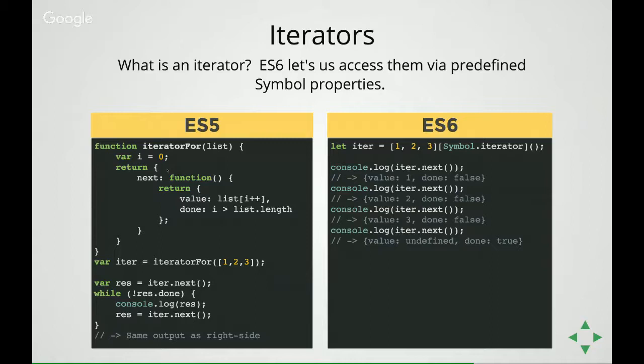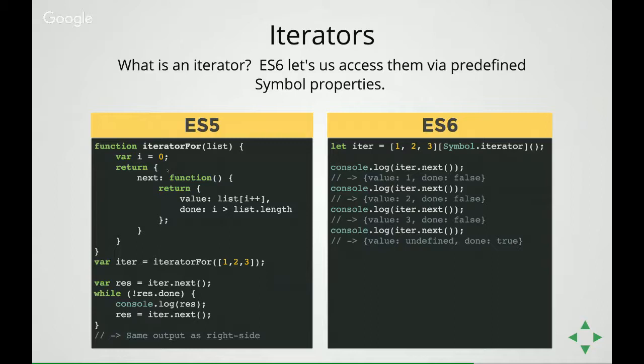We use it for an array down here. We create a variable called iter, which is the iterator for that array containing 1, 2, and 3. We can get the first value by calling iter.next. And then while the done value is false, we simply keep looping. This would actually qualify as an iterator in ES6 as well. If you used it in any instance where a real iterator was needed, for of, etc., it would accept the return result from iteratorFor.